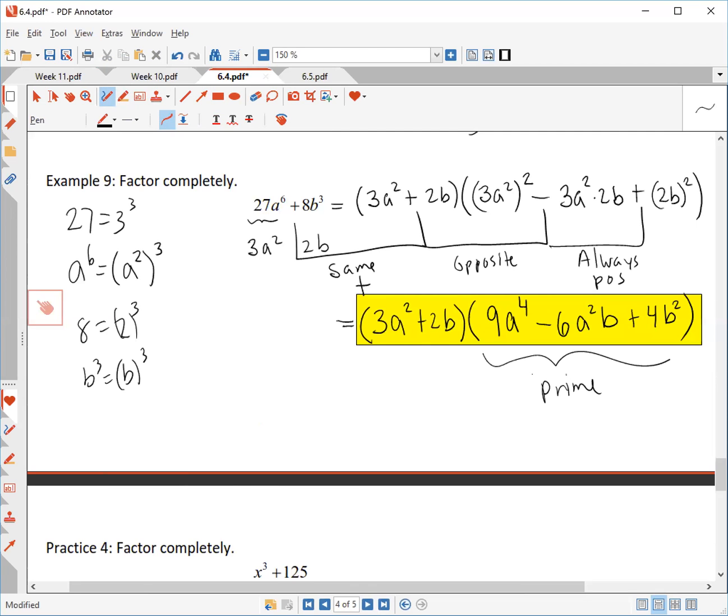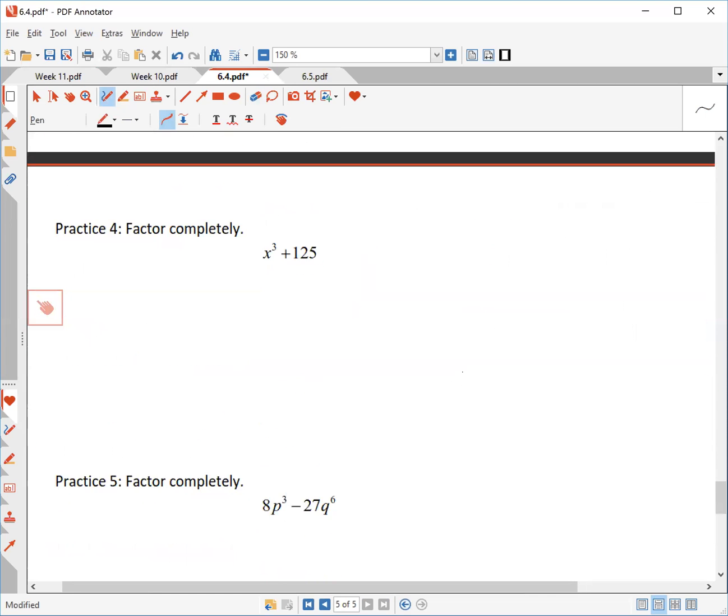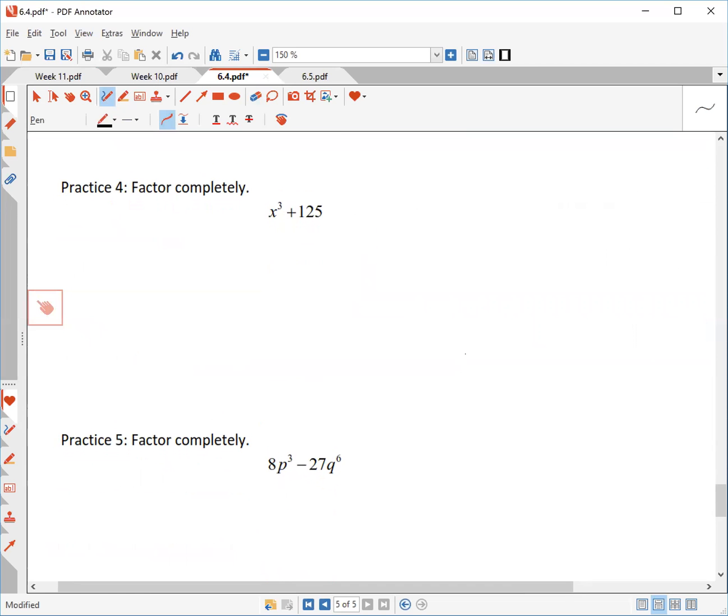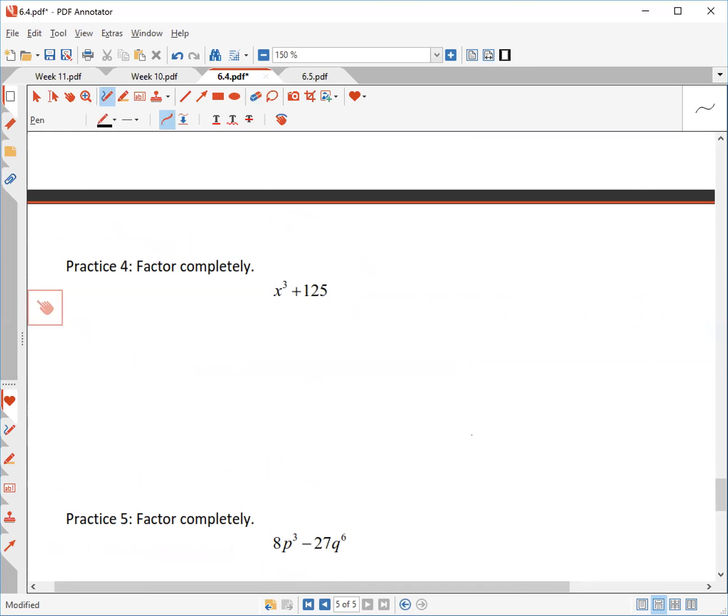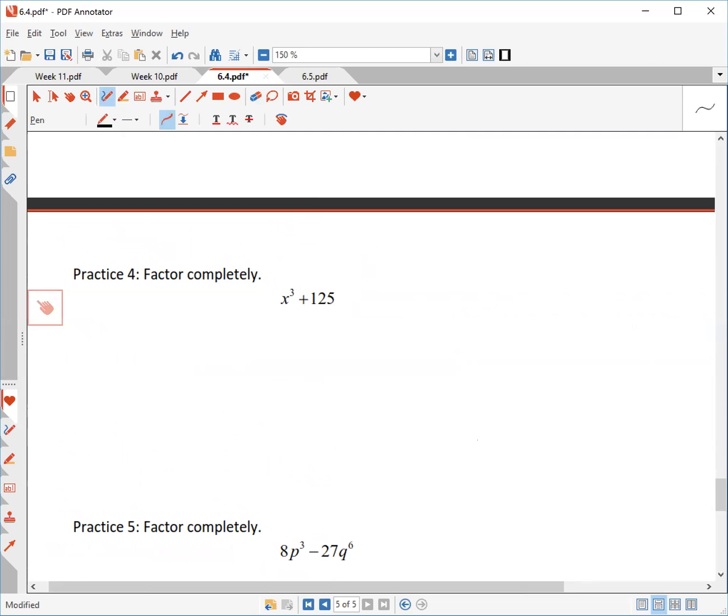No matter what you try to do to factor it, you'll never get it factored. Okay, so please try practice 4 first.